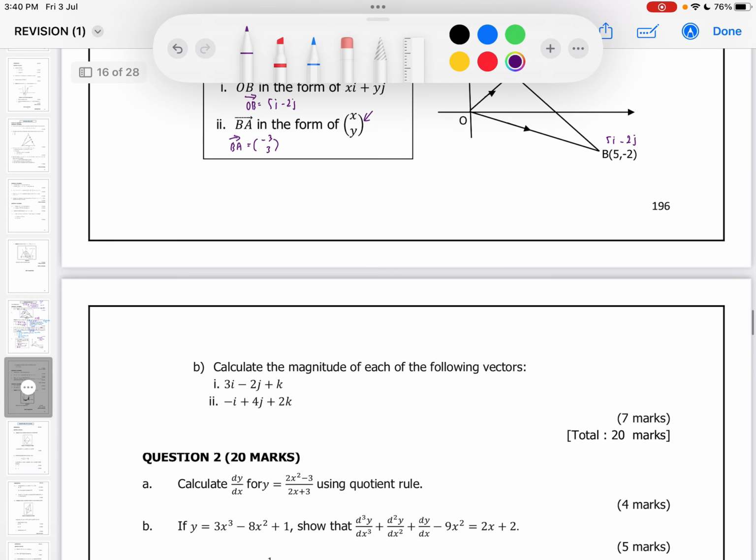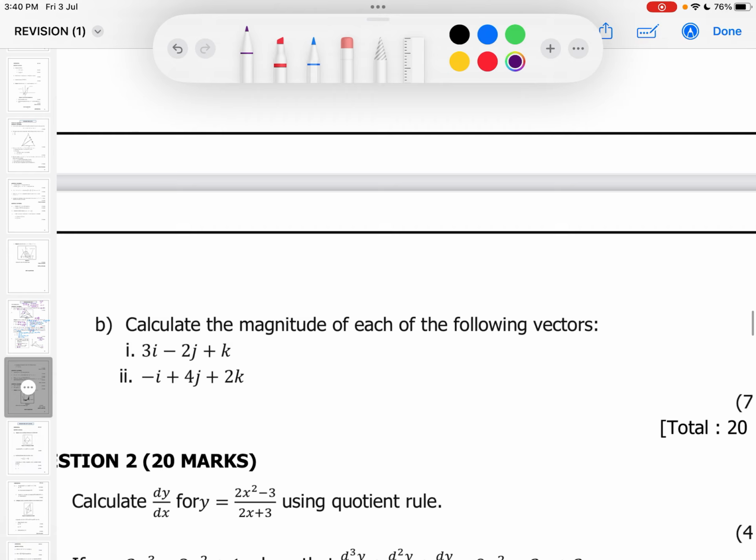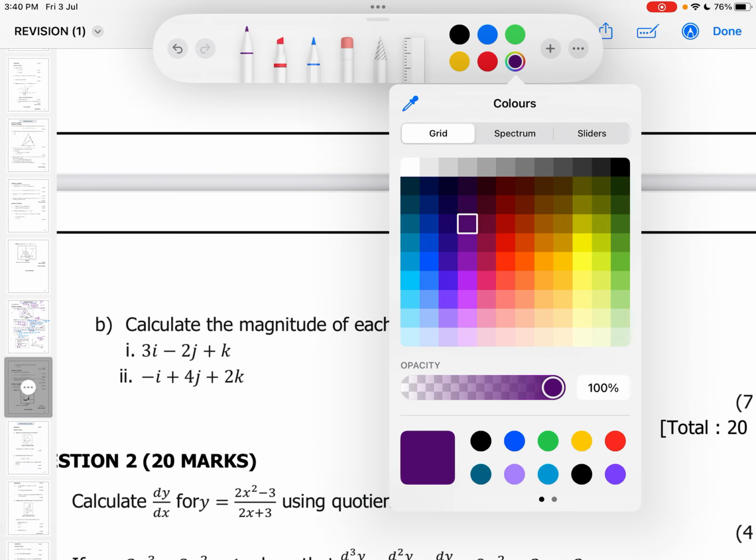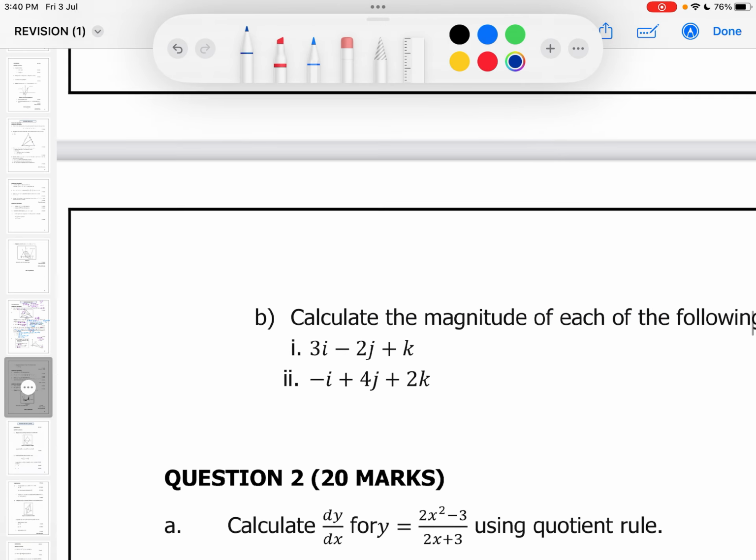Why is there another B down here? Okay, fine. Calculate the magnitude of each of the following vectors. Okay, when it is magnitude, we just need to find the square root of all the values. So it's gonna be 3 squared plus negative 2 squared. Oh wait, oh no. K, it's supposed to be 1. Why is it 1?